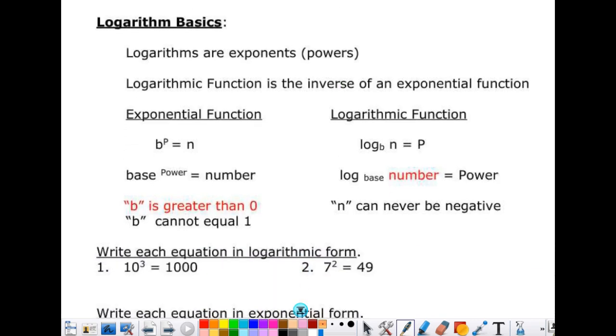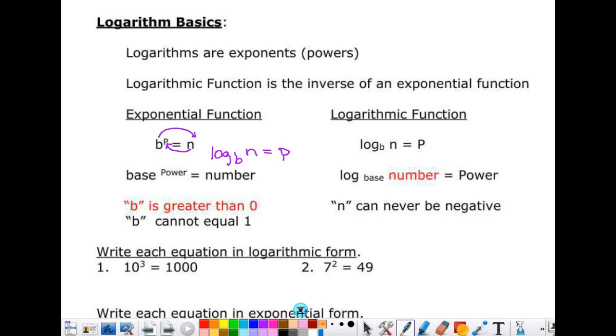Okay, so also remember here, you can change an exponent to a log. They use a b, a p, and an n, a base, a power, and then a number. Base to the number and then power. So that would be like log base b of n equals p, if you want to write it like that.